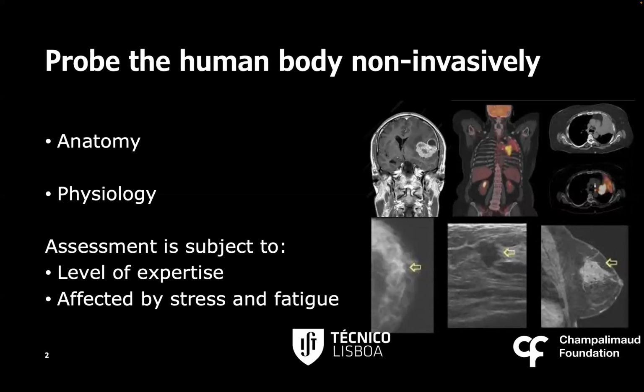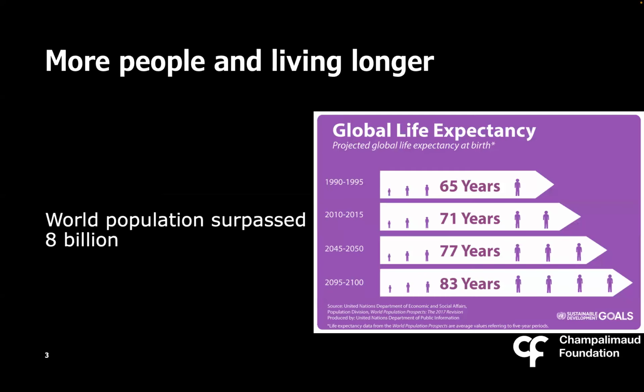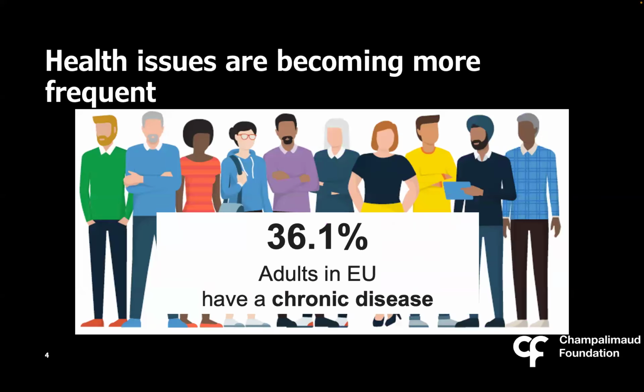This is becoming a bigger problem because currently our world population is growing and adults are living longer. So the times that they are going to visit a hospital would become more frequent. In Europe alone, more than a third of the adults have at least one chronic disease, and this chronic disease needs follow-up, needs care, and this puts additional pressure on the healthcare systems, be they private or public.